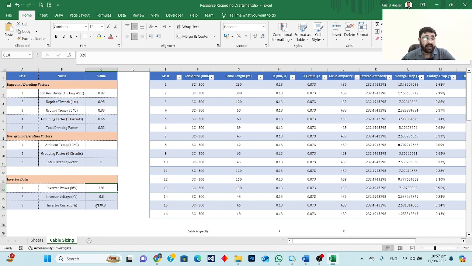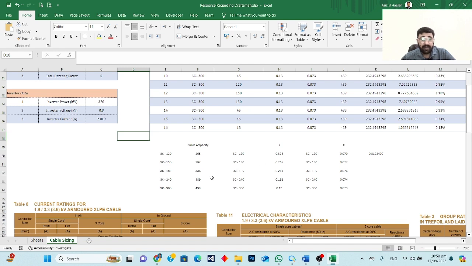How do we calculate the current? You can see that I have applied the formula: the power multiplied by root 3 multiplied by the voltage. And then these are the current capacities of the cables.